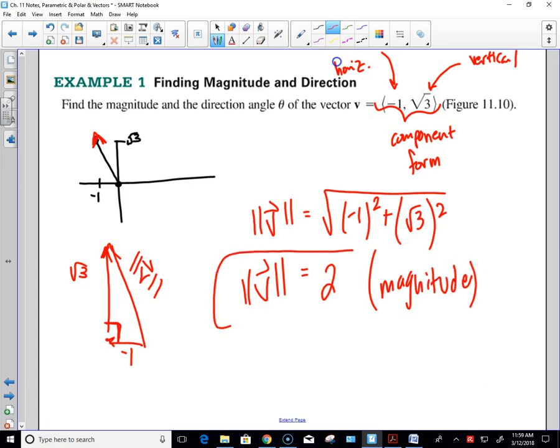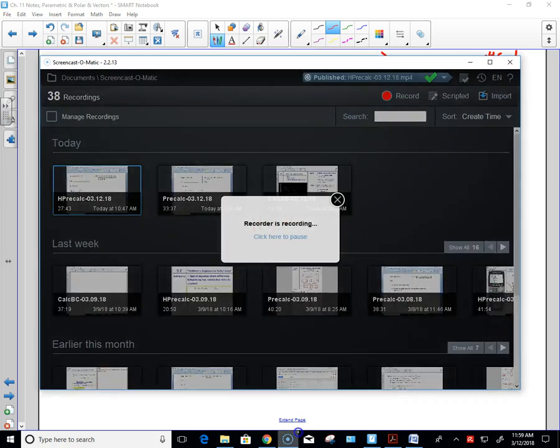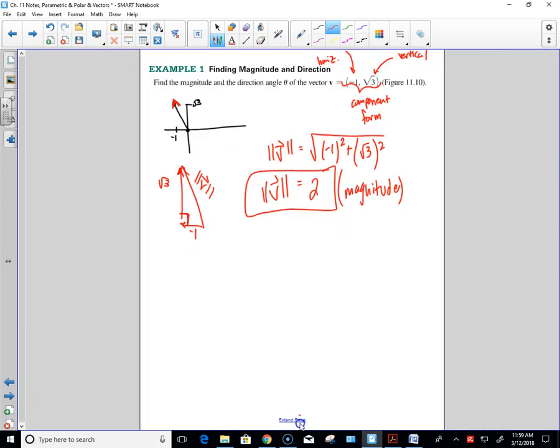But what else are we missing? Direction. Direction, just think angle to some extent. They might ask for it in different ways, but just think angle. So then the angle theta, can't I just find it? If I want to find theta, I could just do tangent inverse, thinking about opposite and adjacent.